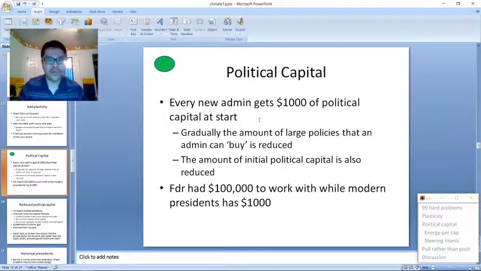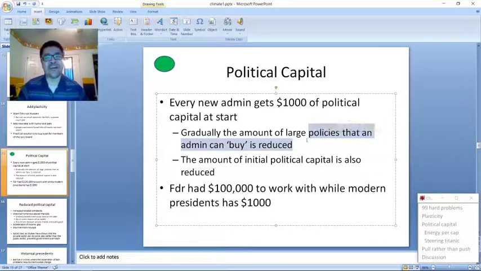I would argue that if there's a chart, the effectiveness and the amount of political capital is decreasing. So the amount of large policies that an administration can buy is reduced. The amount of initial political capital is also reduced.